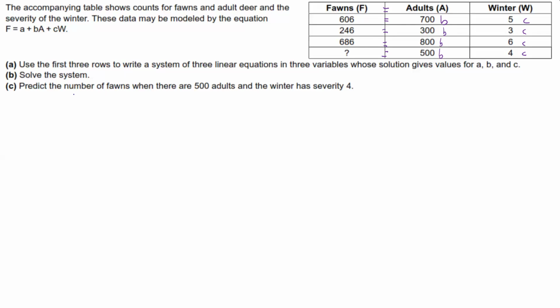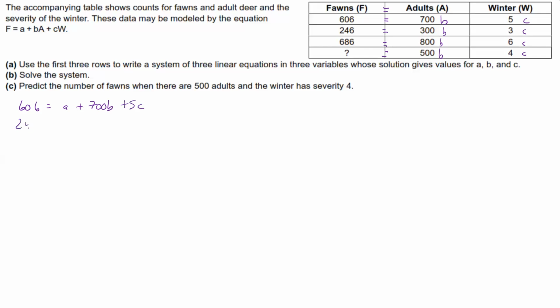And so from that, we can write our three equations. I'm going to say 606 equals A plus B times A, so it's 700B, and then plus 5C.